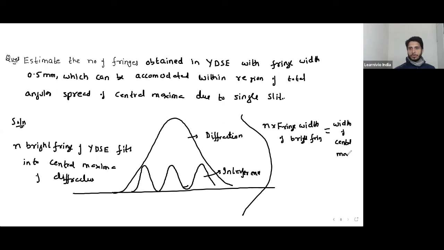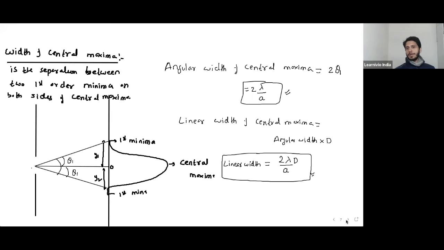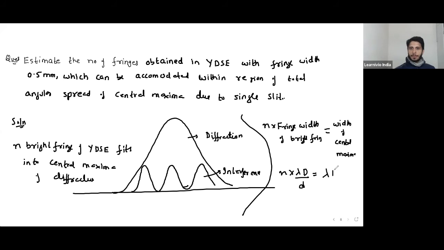The fringe width of a bright fringe is lambda D by d, and the width of the central maxima in diffraction, which we calculated in the last section, is 2 lambda D by a. So lambda D by d multiplied by n equals 2 lambda D by a. This lambda will cancel, D will cancel, and n is simply 2 d by a.